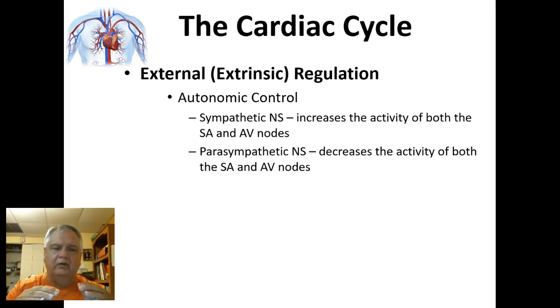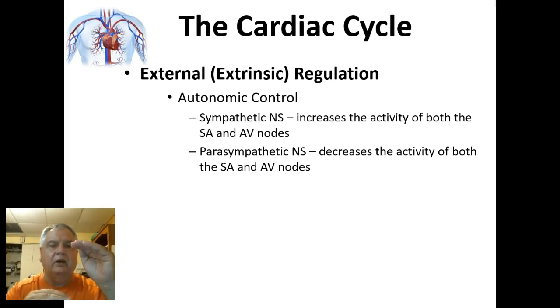But in order for heartbeat to increase, two things have to happen. First, there has to be an increase in what we would call sympathetic tone, or signaling from the sympathetic branch of the autonomic nervous system.